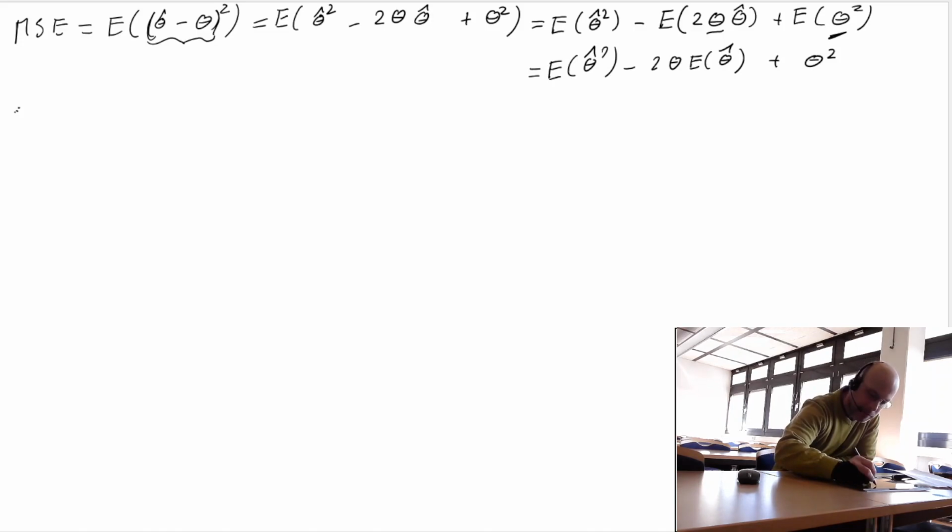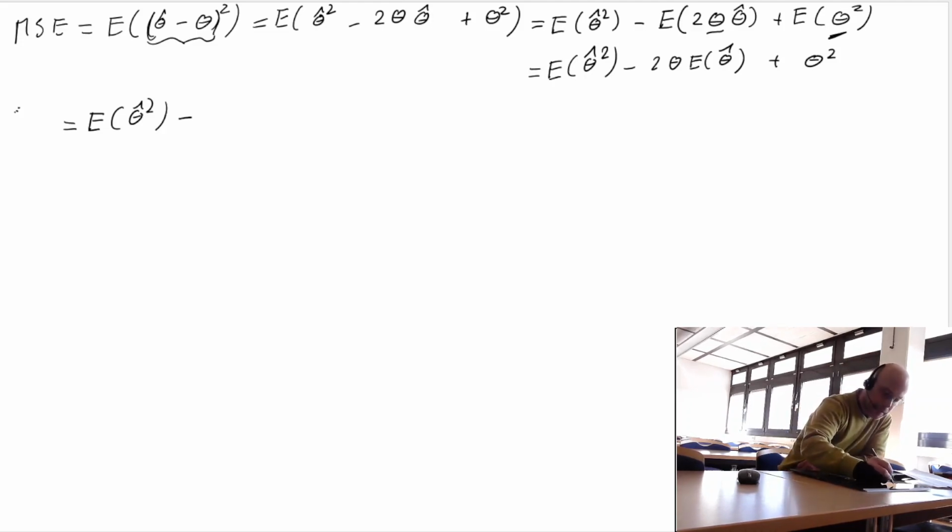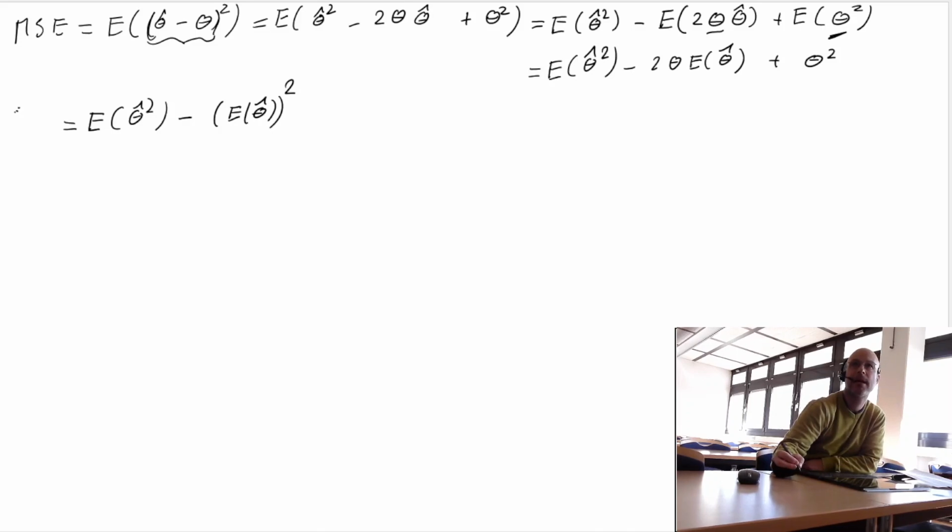So here a square is missing, because then we write expected value of theta hat squared, and now minus bracket expected value of theta hat, close bracket, and then the squared outside, plus the same thing.